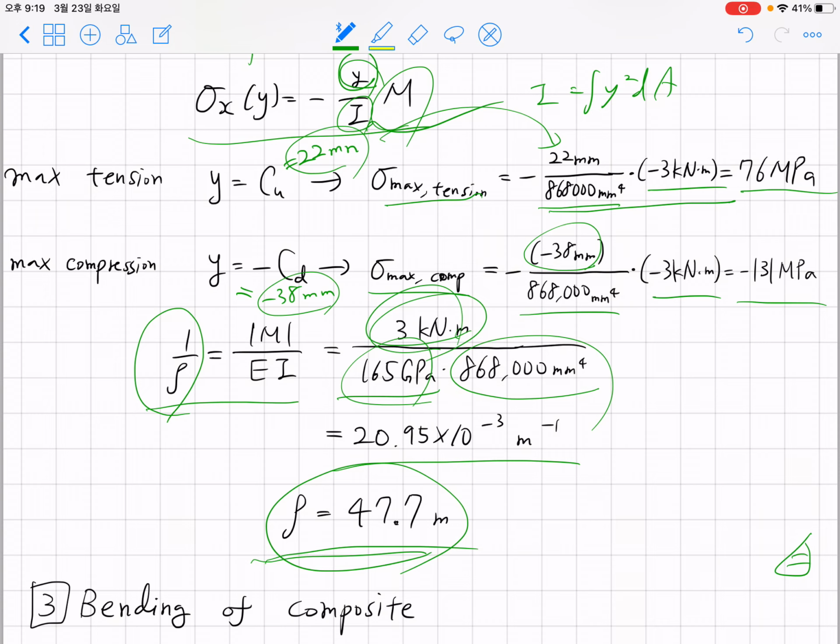If you have the intuition from general physics, you can apply the parallel axis theorem. After that, we obtain both the centroid position and the value of I. We can simply plug the numbers into the flexure formula to answer various pure bending problems. So this is the logical flow of approaching a pure bending problem.